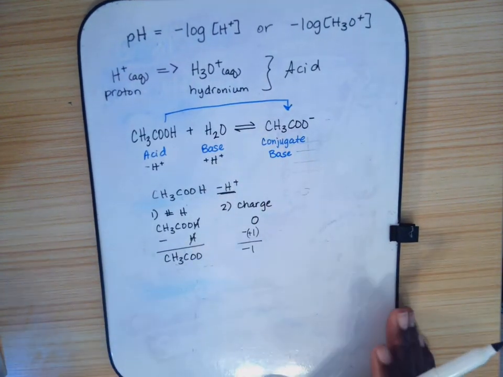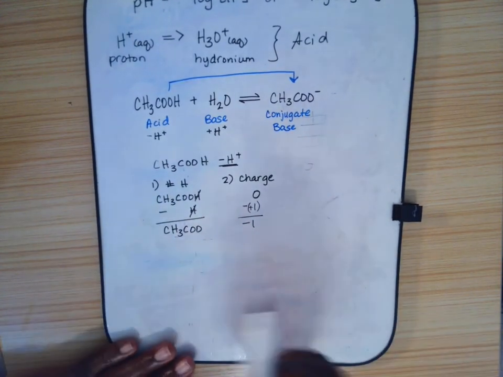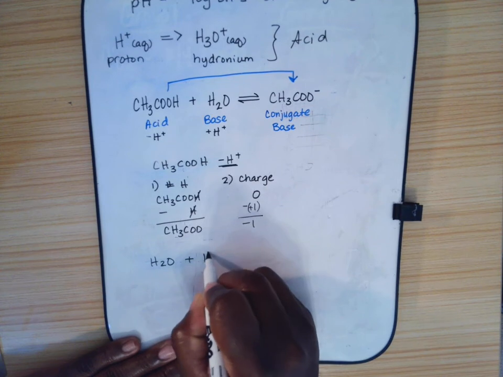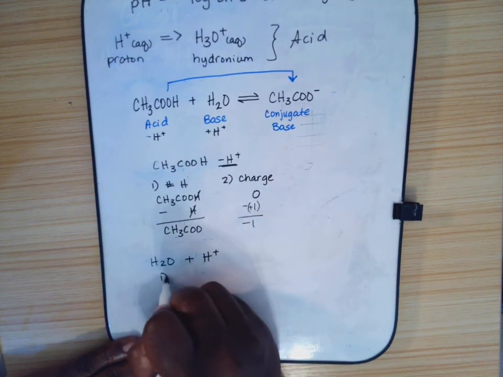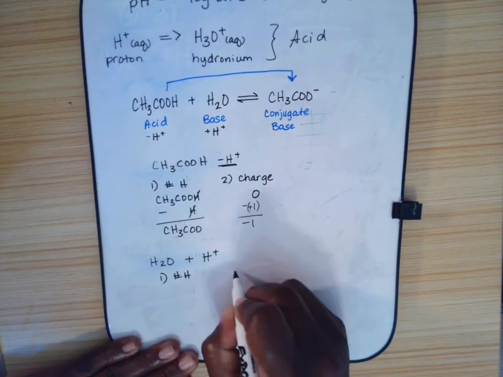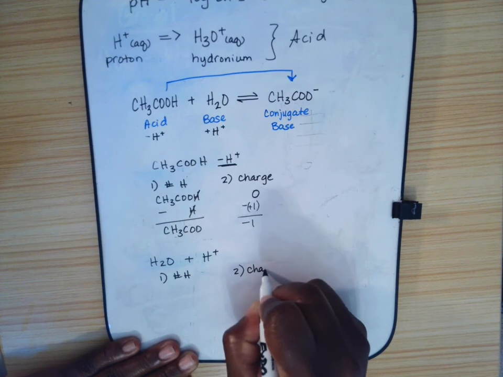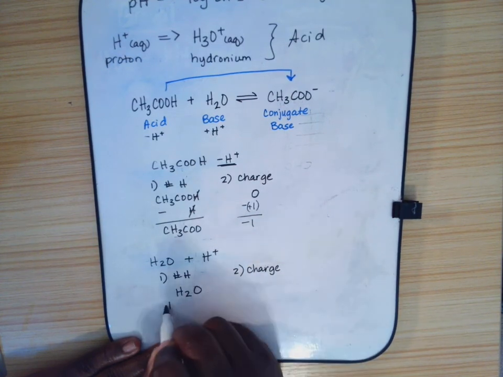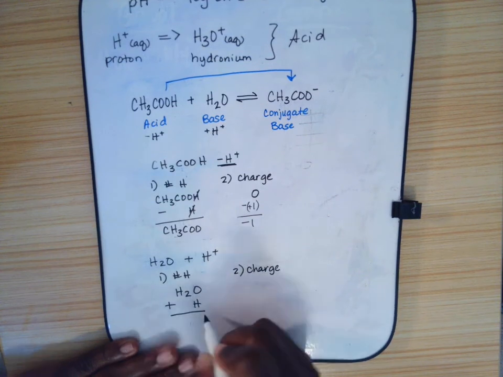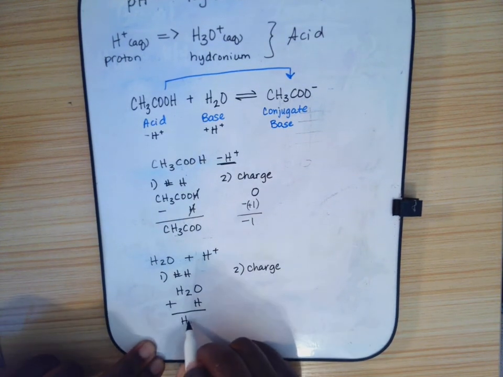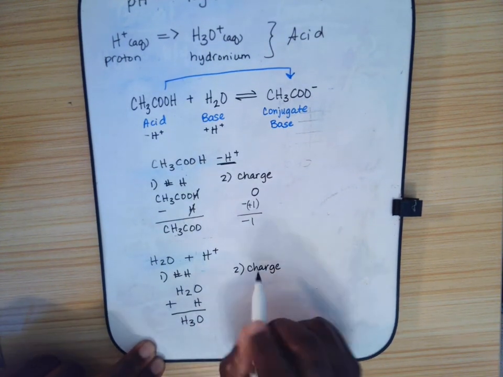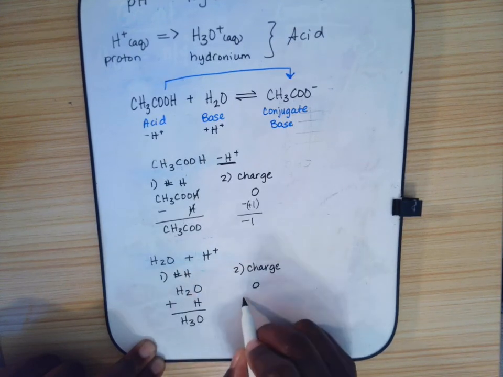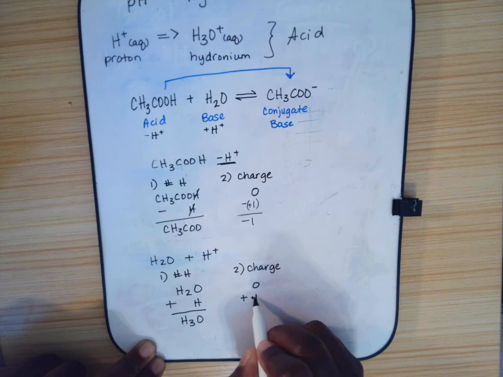We can do the same thing with water, but now instead of losing a proton, water gains the proton. So again, we can look at what happens in terms of the number of hydrogen, what happens in terms of the actual charge. We were starting out with H2O. We're adding a hydrogen. So instead of 2 hydrogen, we now have 3. We don't see an overall positive or negative, so we were starting out with something that was neutrally charged. We're now adding something that has a +1 charge.